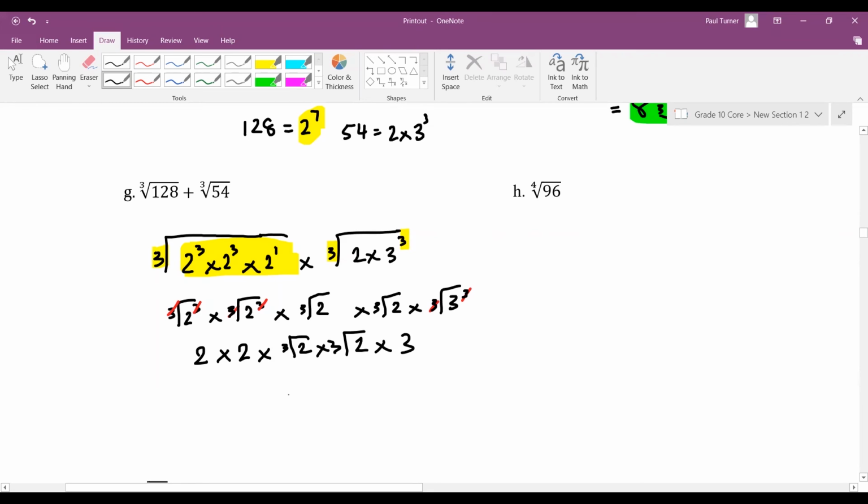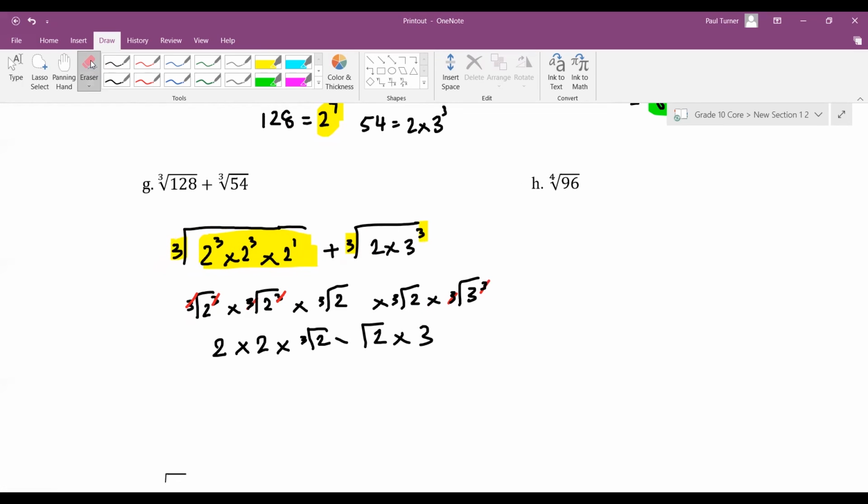Let's just check my answer. Oh, this is plus, isn't it? That's where you'll get the error. So that can't be added. Let me fix that. Let me just tidy that up with eraser.